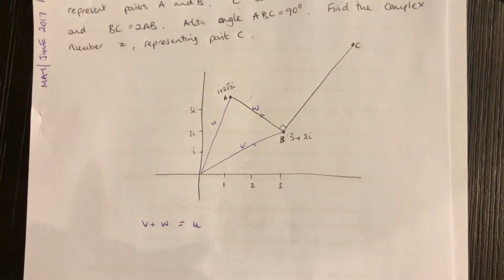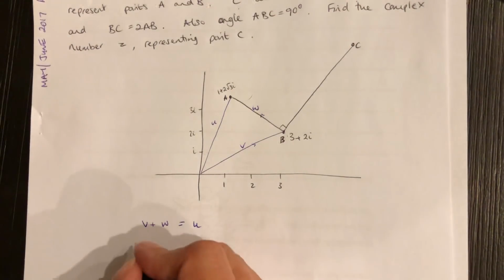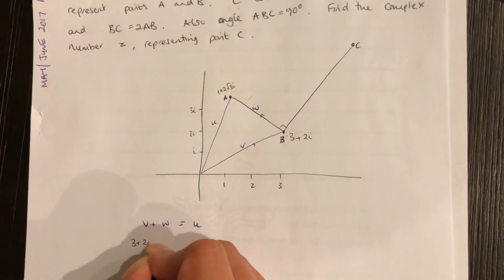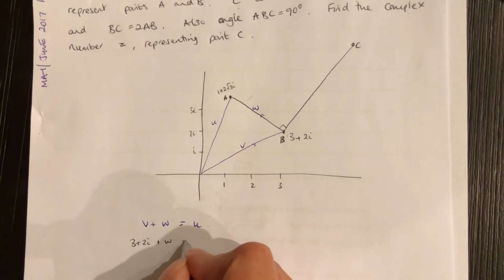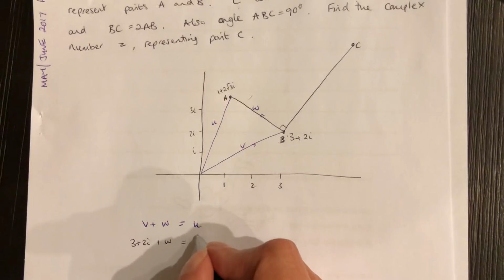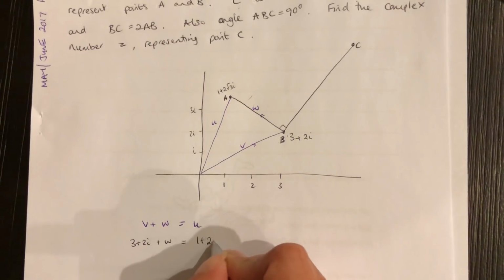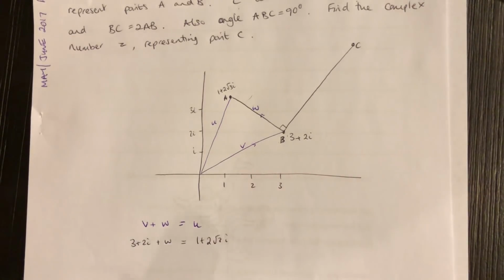So if we substitute in what we do know, V is 3 plus 2i. The W is the bit we don't know. And if we add them together, we will get that equal to 1 plus 2 root 3i.